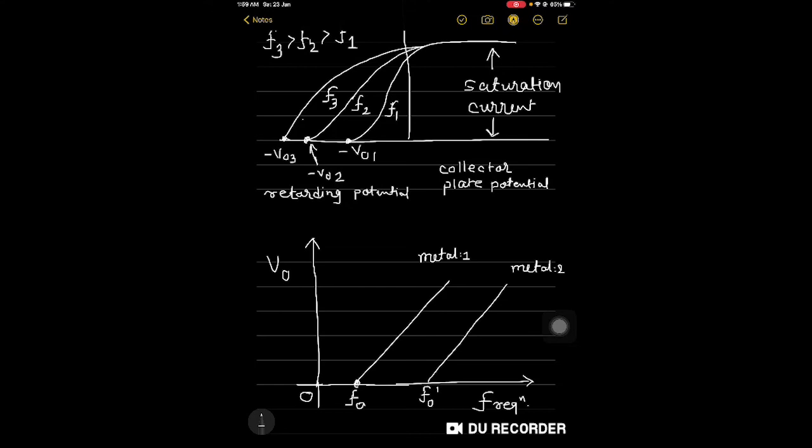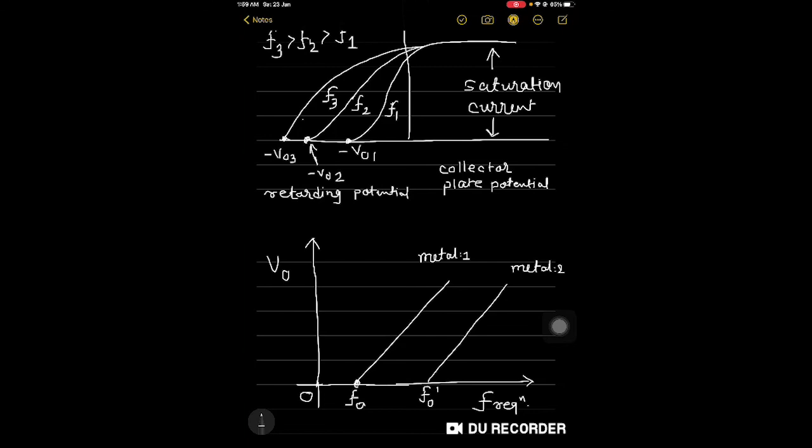Here we have to note that in all the above experiments, it is found that if the frequency of the incident radiation exceeds the threshold frequency, the photoelectric emission starts instantaneously without any apparent time lag, even if the incident radiation is very dim.